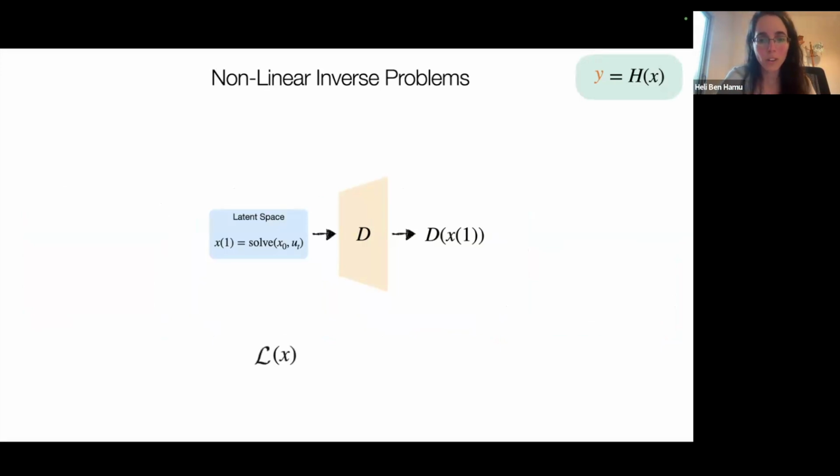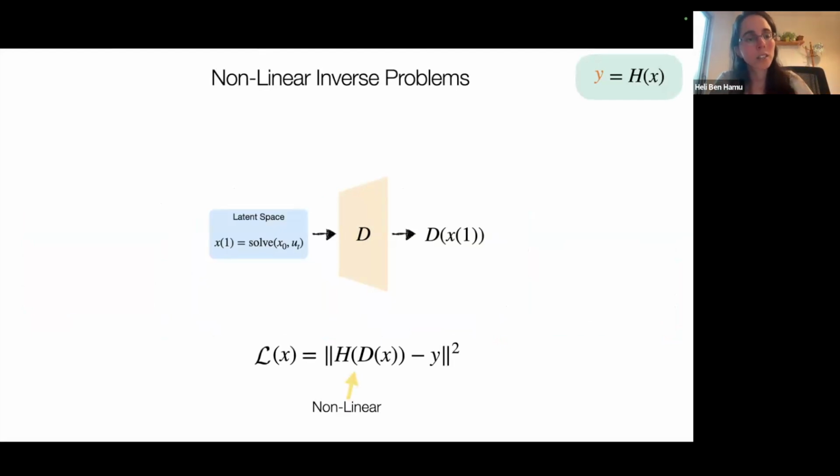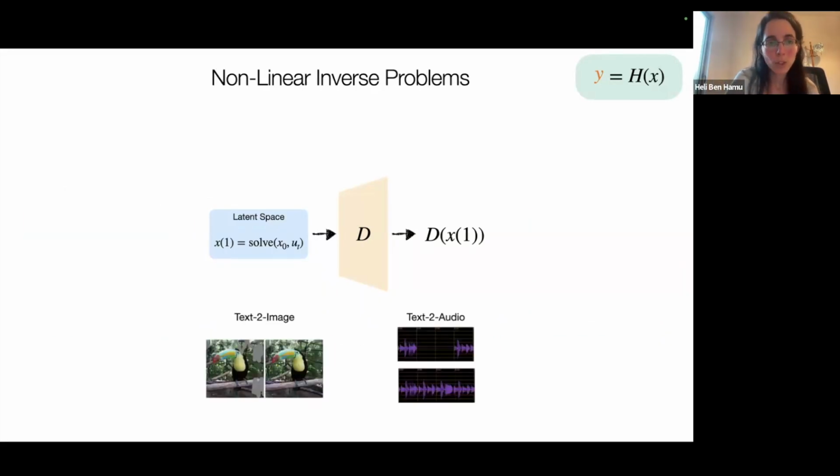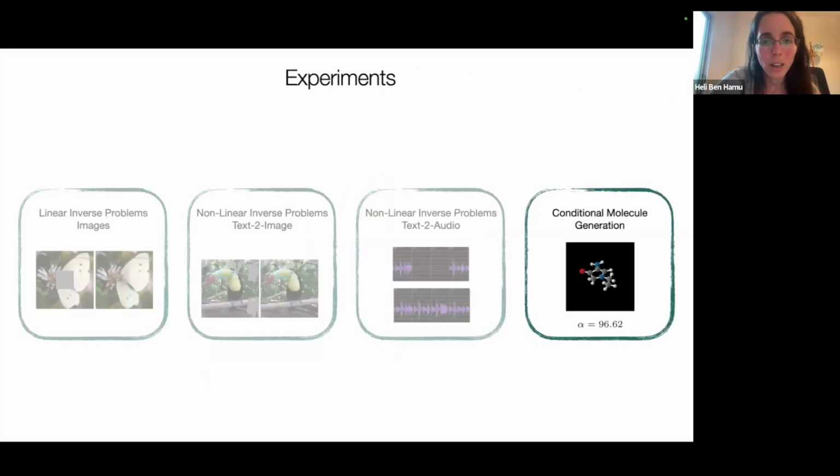So now our forward operator is not linear anymore, and this is a case which does not apply for those guided flow approaches. We showcase that on text to image and text to audio with very large models. The results are in the paper. I'm not going to go into this, because I want to talk about our last application, which has very nice observations and interesting questions for the future.